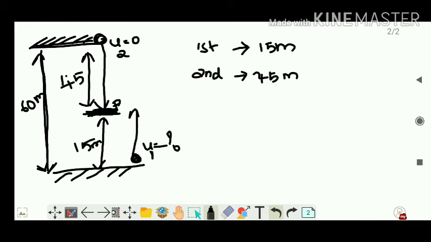Let's apply the equation S = ut + half at square to the second ball, where t is the time at which both balls meet. Both balls are released at the same time.